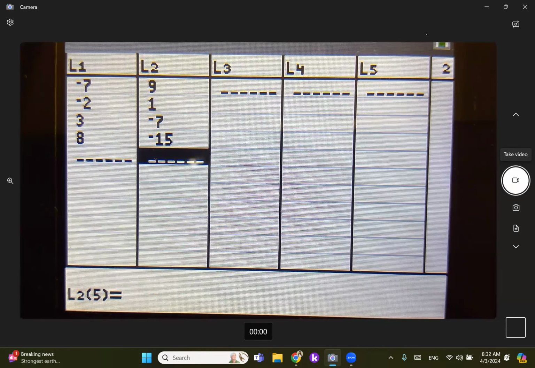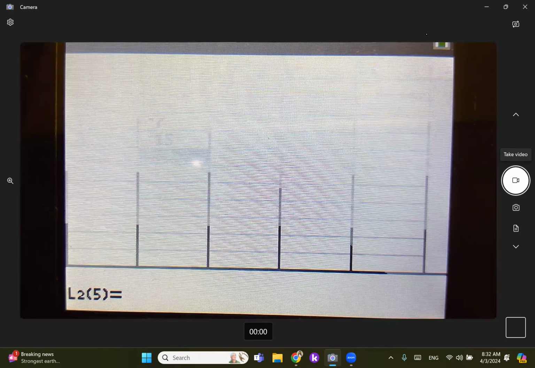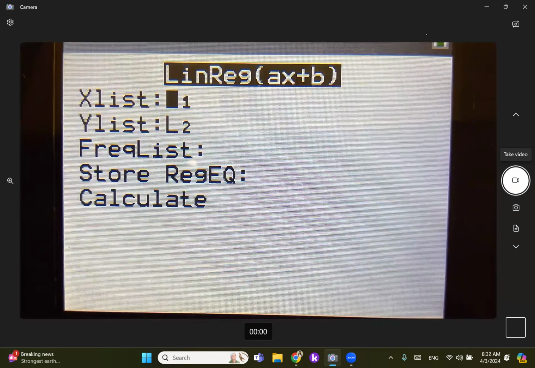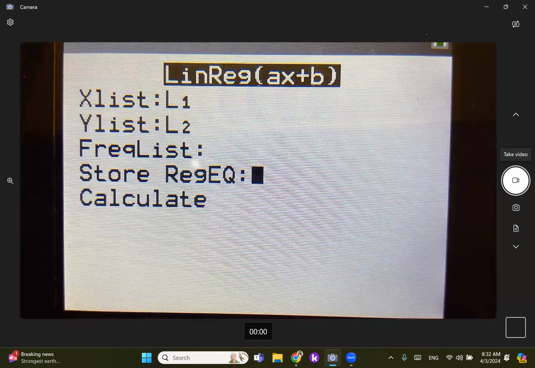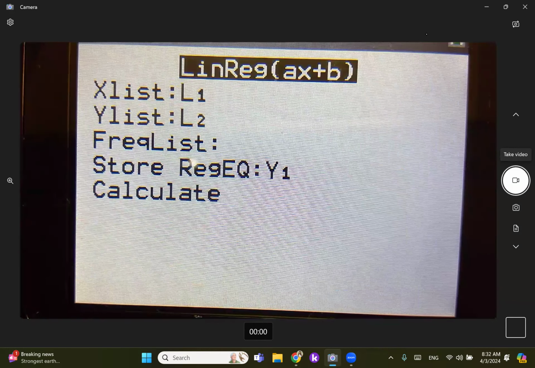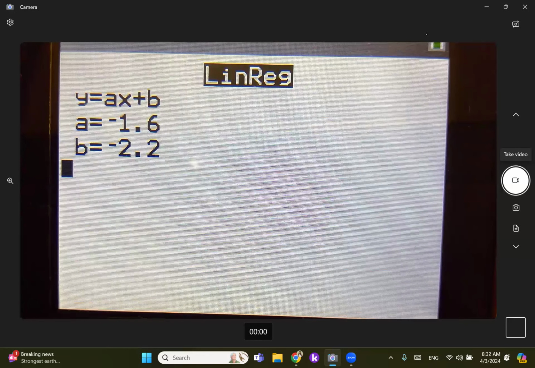All right, after you put your points into stat edit, where do you go? Stat, calculate. It's linear, so you go to 4. Linear is 4. Then you go to store, alpha trace, Y1, and alpha trace, enter. Now, out of these numbers, which one's your slope?